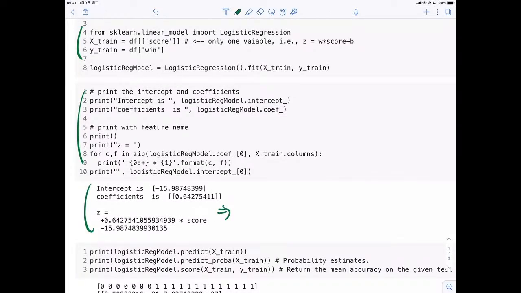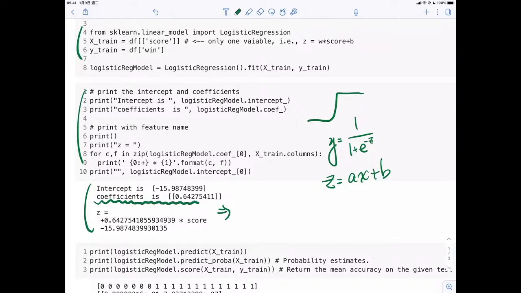So how do you read the answer? I have a z function like this, a sigmoid function like this. So basically y equals 1 over 1 plus e to the minus z, and z is ax plus b. And here, the coefficient is right here.